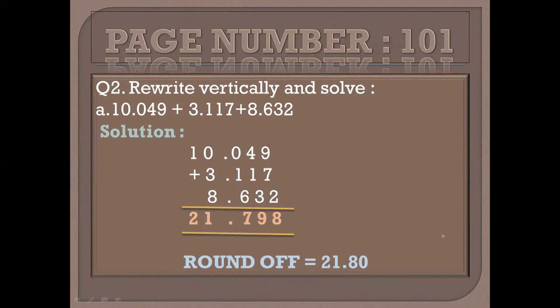Part A is 10.049 plus 3.117 plus 8.632. We add these three terms and after adding, 21.798.